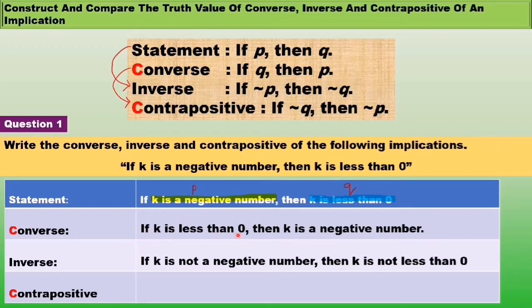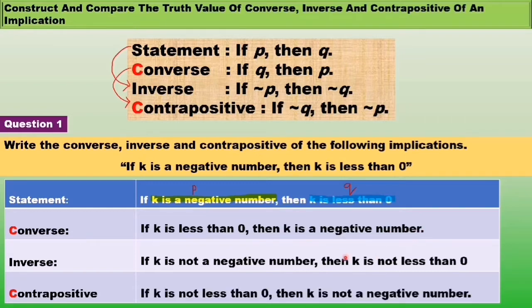If K is less than 0, so you change to if K is not less than 0. Then K is a negative number, so you change to K is not a negative number. So contrapositive, if K is not less than 0, then K is not a negative number.